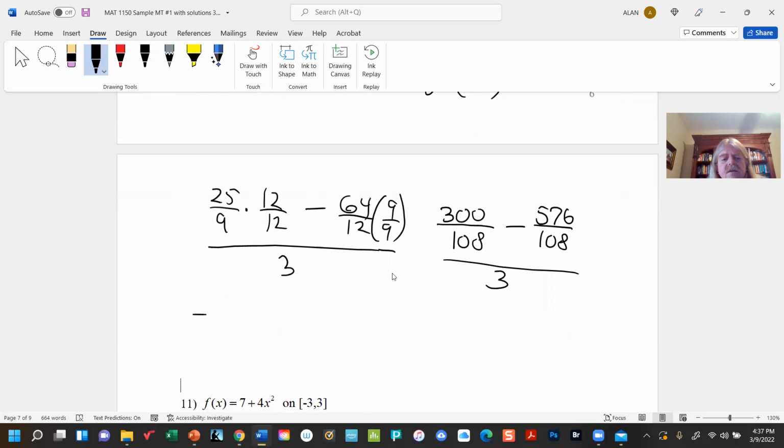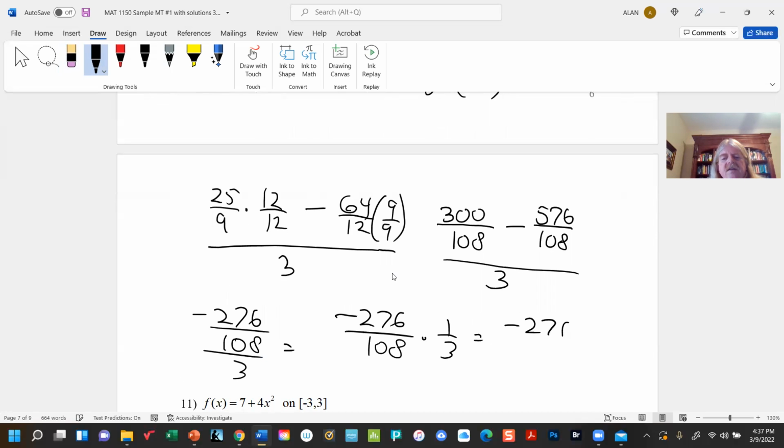So this is -276 over 108 over 3. Algebraically, this is the same thing as -276 over 324.